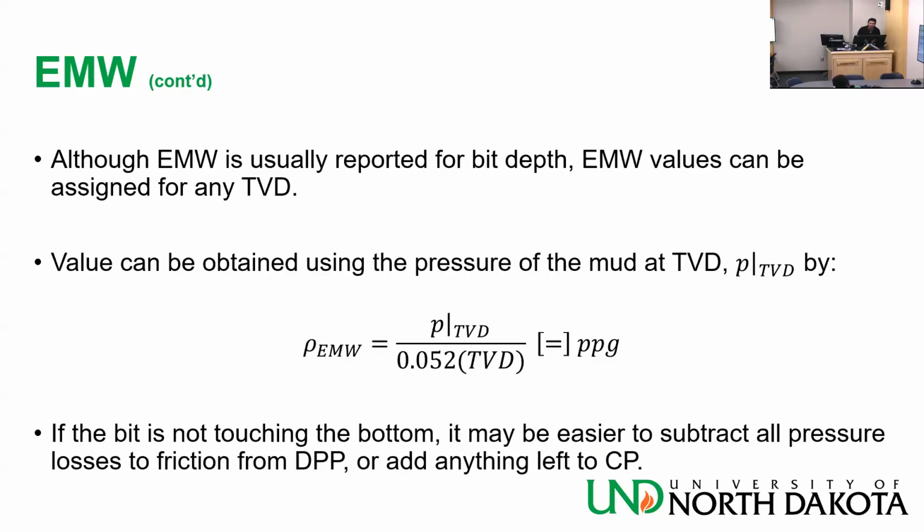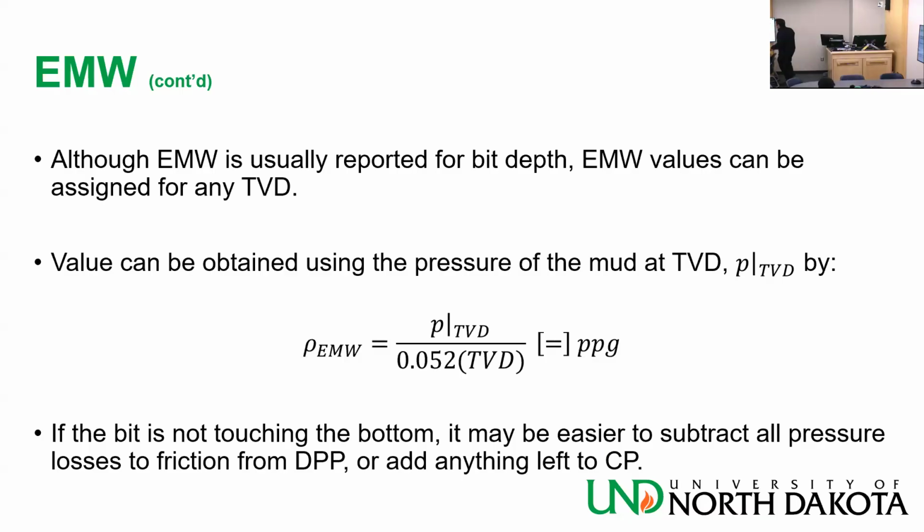If the bit is not touching the bottom, like your homework, it may be easier to subtract all the pressure losses to friction from the drill pipe pressure, or add anything left to the casing pressure. So it's basically the U-tube model. You either use the left leg or the right leg.